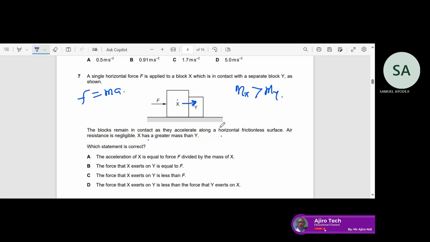No. This one is a smaller mass now. There is going to be the same force. This force will make the two objects accelerate together. So they will have the same acceleration.